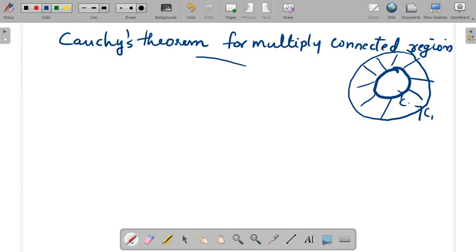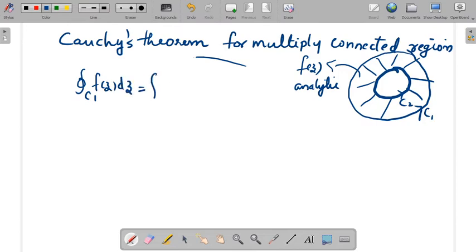So, this is C1, this is C2. Now suppose our function f of z is analytic in this multiply connected region. Then Cauchy's integral theorem says that integral over C1 f(z) dz is equal to integral over C2 f(z) dz.